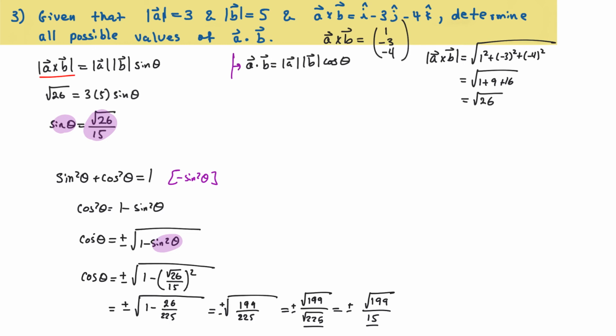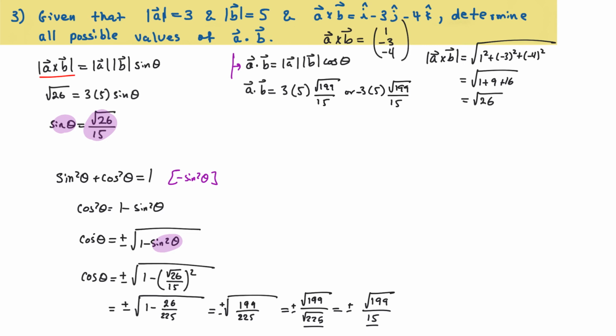So I have A dot B is equal to the magnitude of A, which is 3, times the magnitude of B, which is 5, times cosine of theta, which is either positive root 199 over 15, or it's going to be 3 times 5 times negative root 199 over 15.